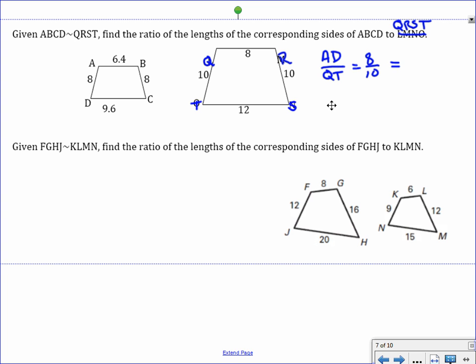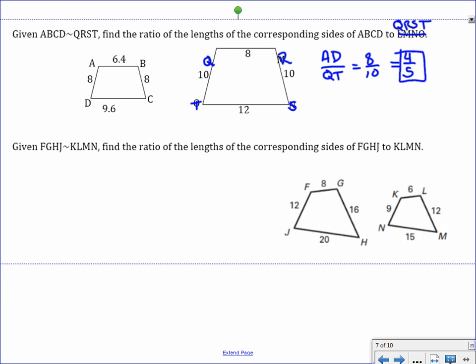If I reduce this 8 over 10, I get 4 over 5. So 4 over 5 is the ratio that compares the lengths of the pair of corresponding sides. So this would be our answer.